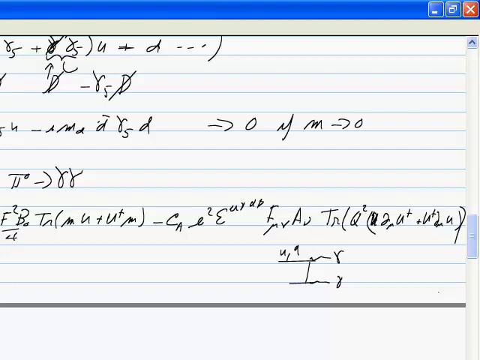And so the trace of Q squared takes the fact that there's Q up squared and Q down squared.